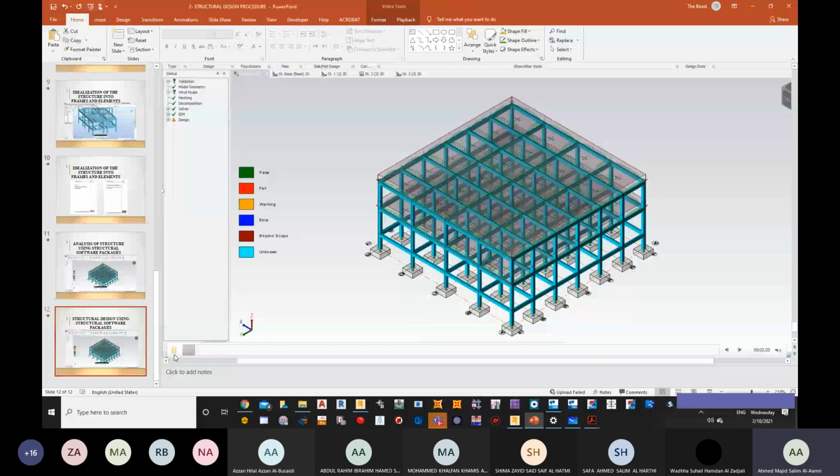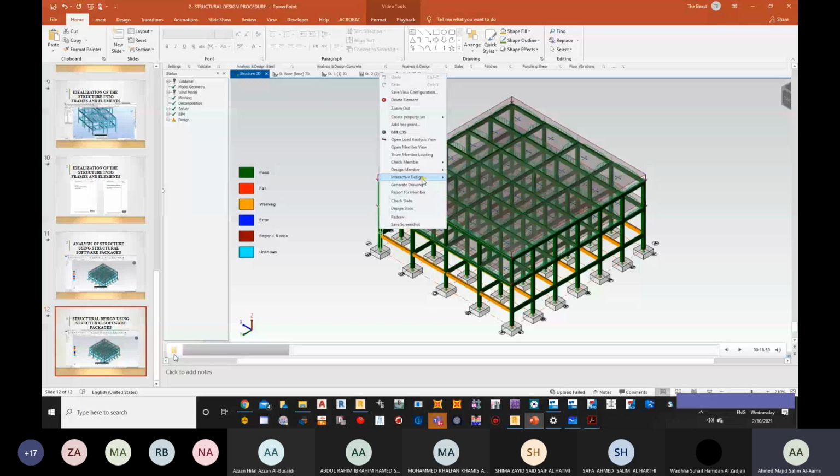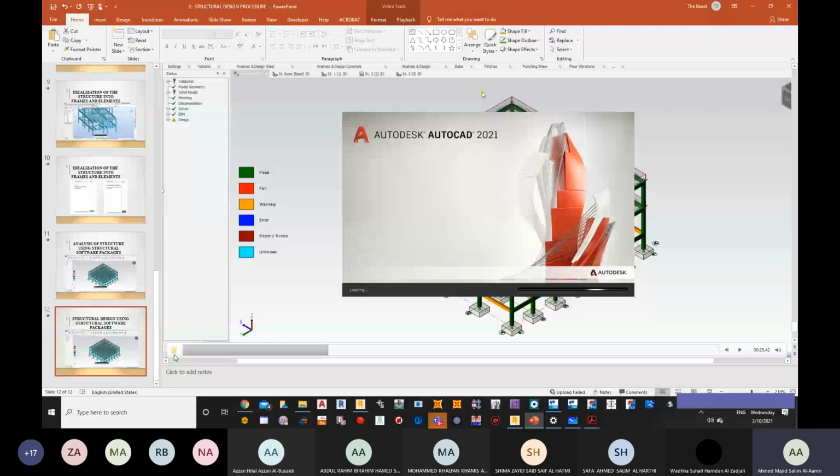So once again, this is Tekla. Now you can see that almost all the elements are passing. We are going to generate the reinforcement so we can visualize it.